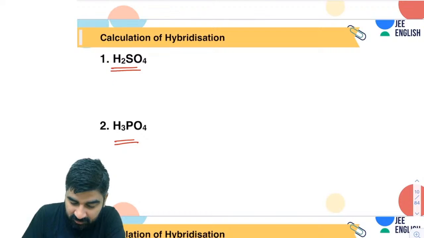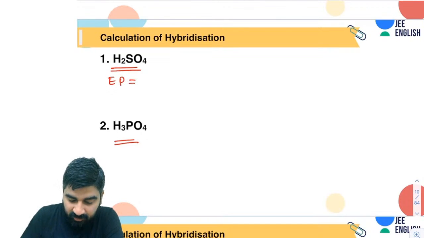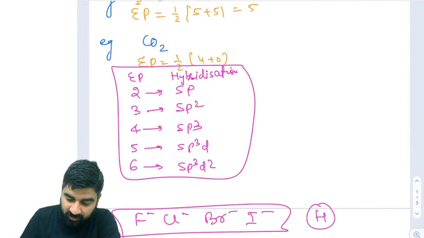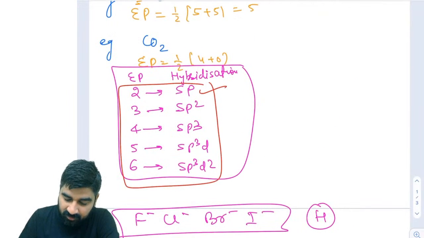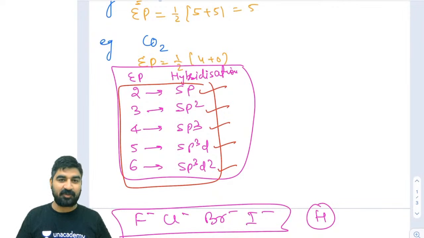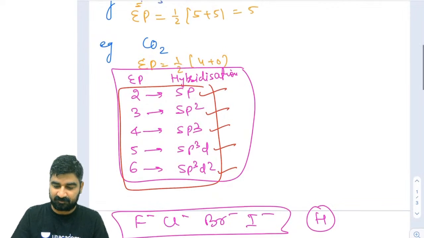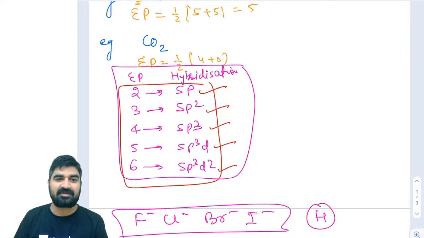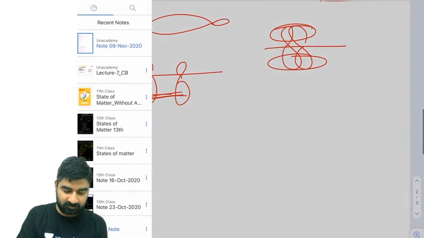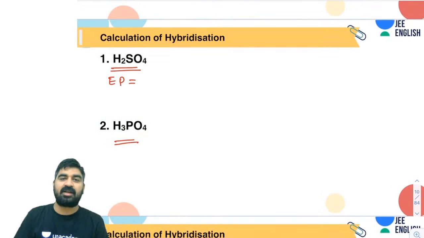So just count the electron pairs, guys. And I have already told you that once you've counted the electron pairs, if you have two electron pairs, hybridization would be sp, then sp2, sp3, sp3d, and sp3d2. Got it? So what is the hybridization of this?